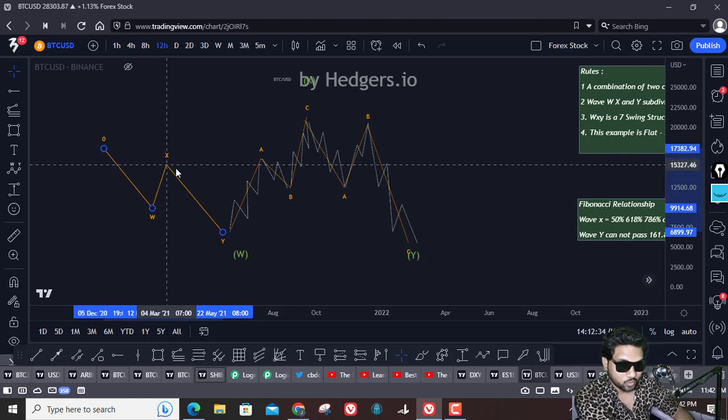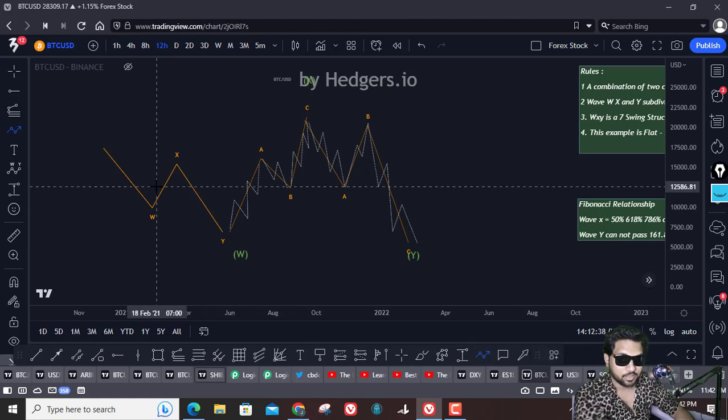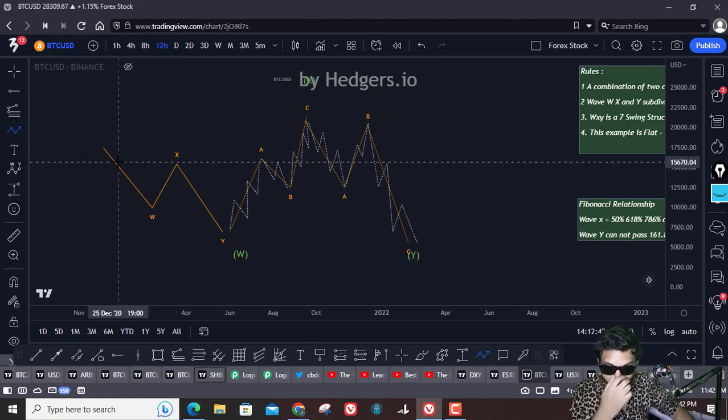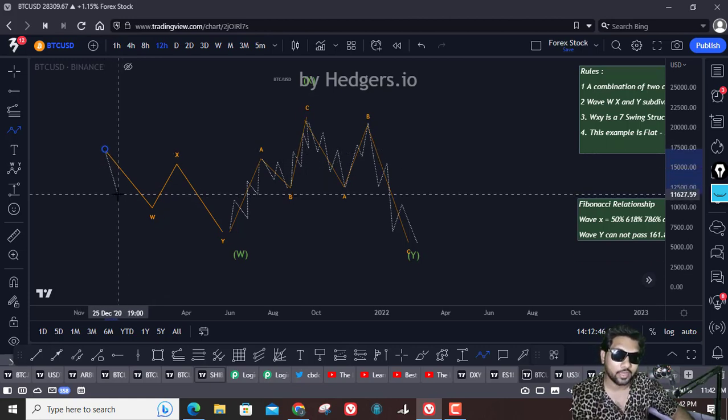In this WXY, what usually happens is WXY always consists of three waves, unlike wave A, which consists of 5 waves down or 5 waves up, 1 2 3 4 5.